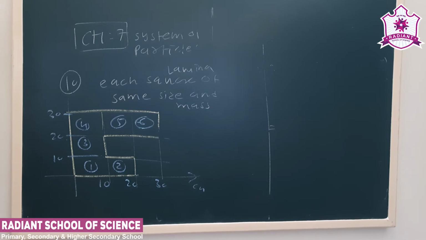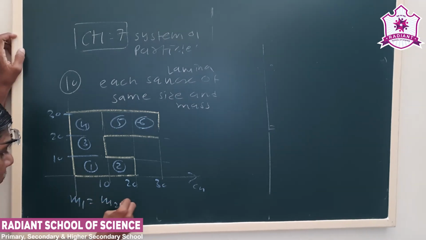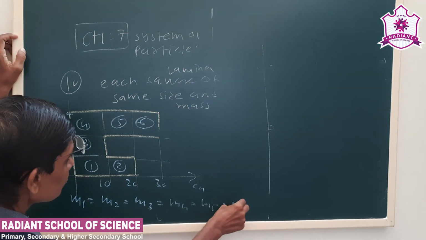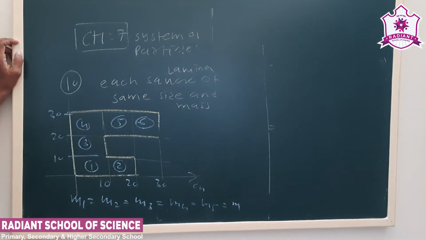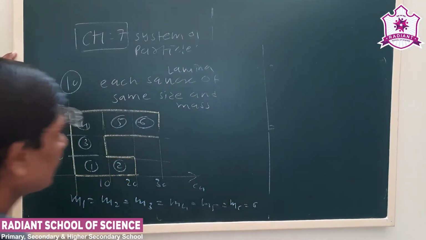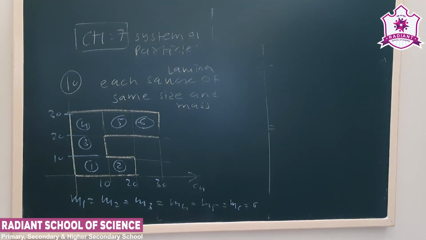Each is of the same mass, M1, M2, up to M5 and M6. Now we have to find the center of mass.